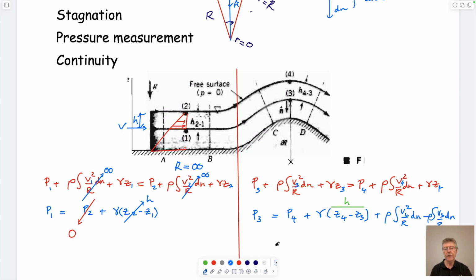Okay, agree with that, hopefully? So what we're going to do now is we're going to realize that this is dz, but this is dn. So again, for these, we can come up with dn is equal to minus dz.